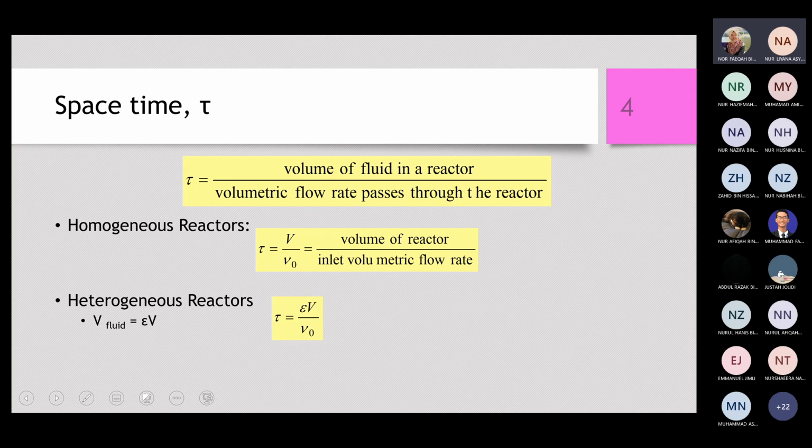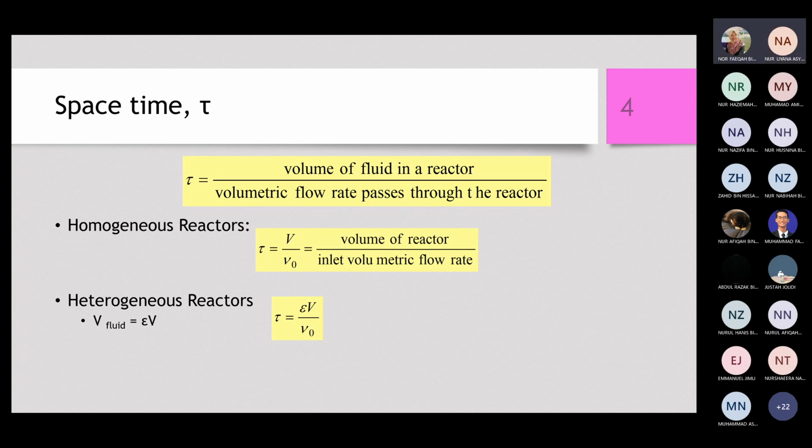Okay, next, space-time. Space-time, there's no different from what you have learned previously. So space-time, you can calculate it by volume of fluid in a reactor ataupun volume of reaction mixture divide with volumetric flow rate passes through the reactor. Okay, similar definition.